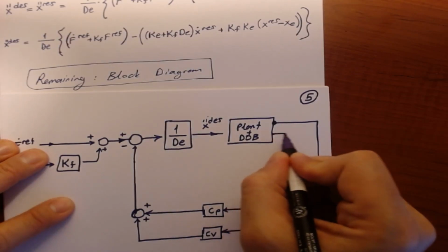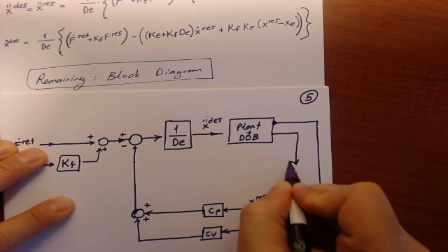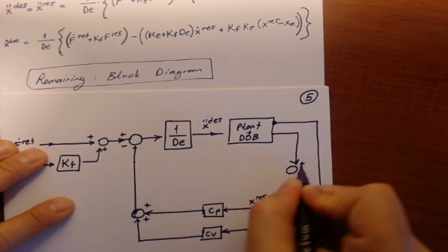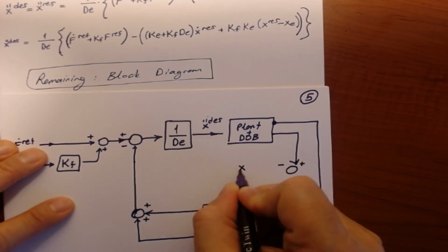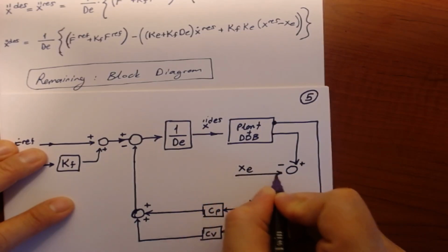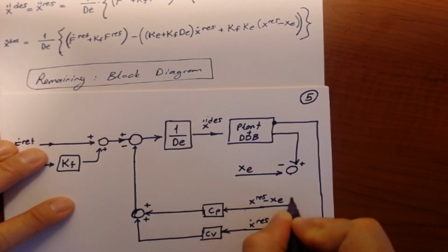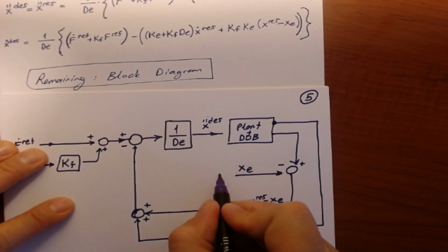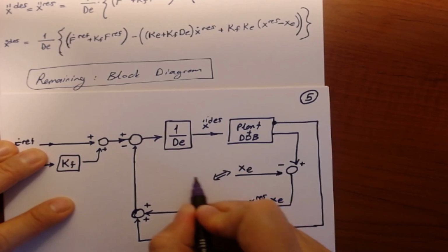For the response position, you have to make this plus and minus x environment, where x environment is just something constant.